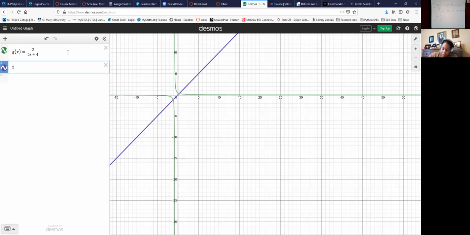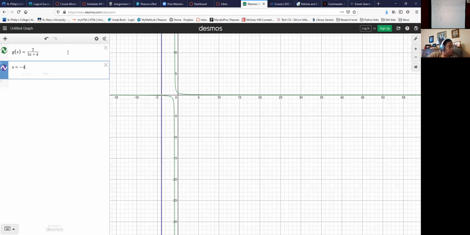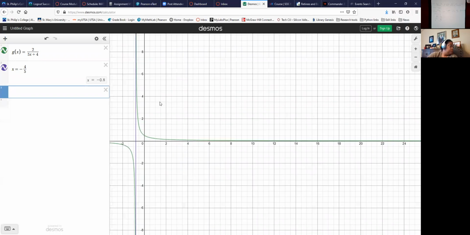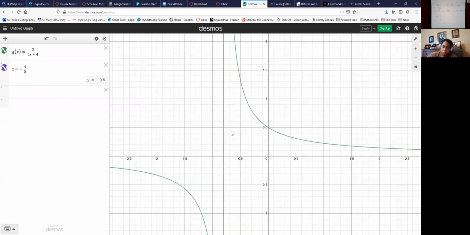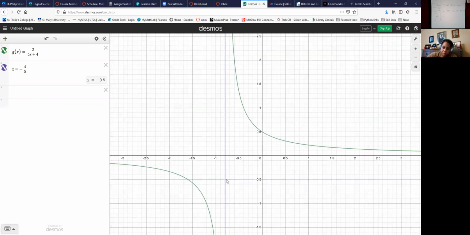And the asymptote that we found was negative 4/5. So look at it closely. Right. This is the line. The x value it cannot cross. It is undefined at that value. X equals negative 4/5. Okay. And that's what we solved for.